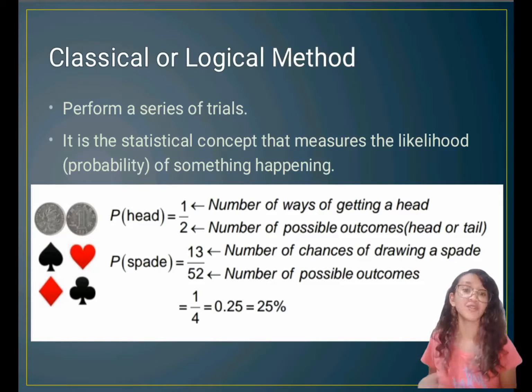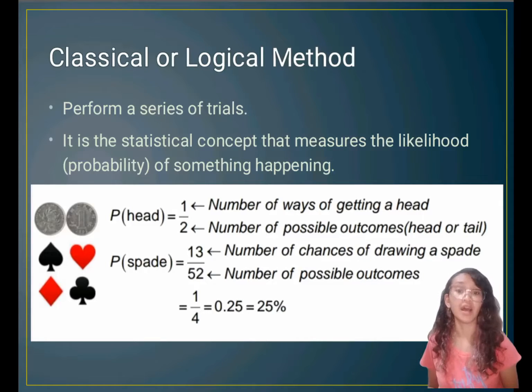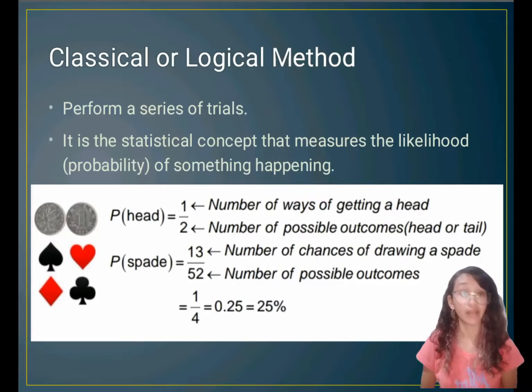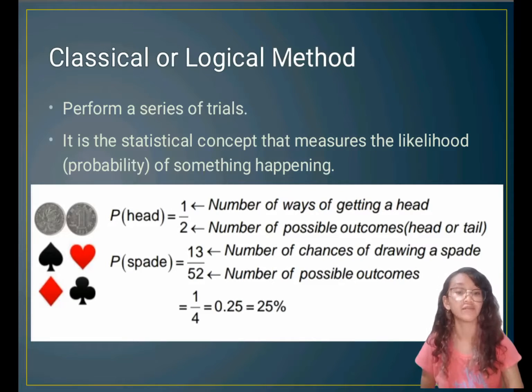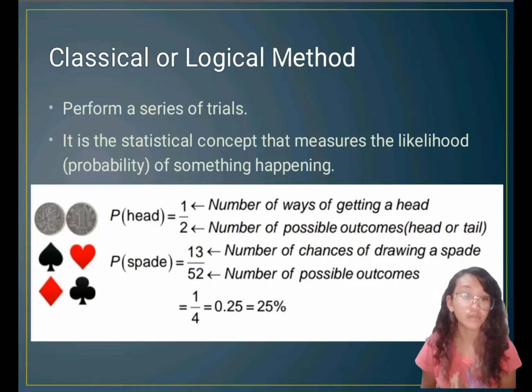Objective approach can also be set using what is called the classical or logical method. Without performing a series of trials, we can often logically determine what the probabilities of various events should be. For example, the probability of tossing a fair coin once and getting a head is one half.